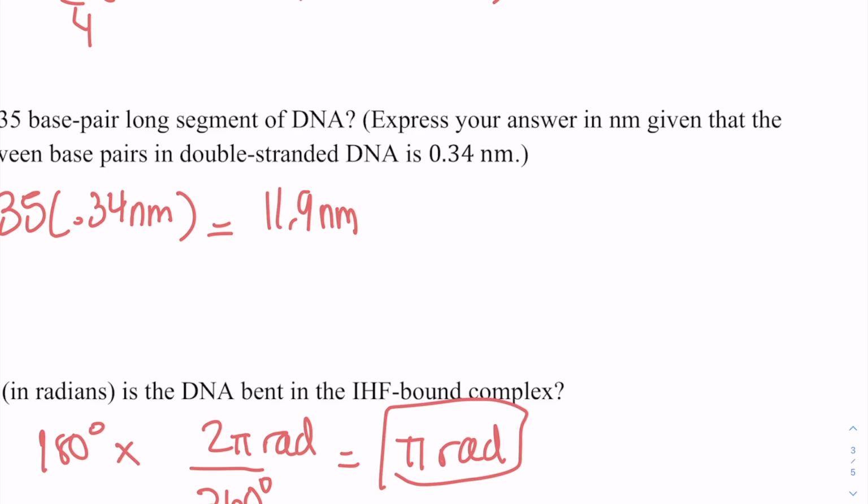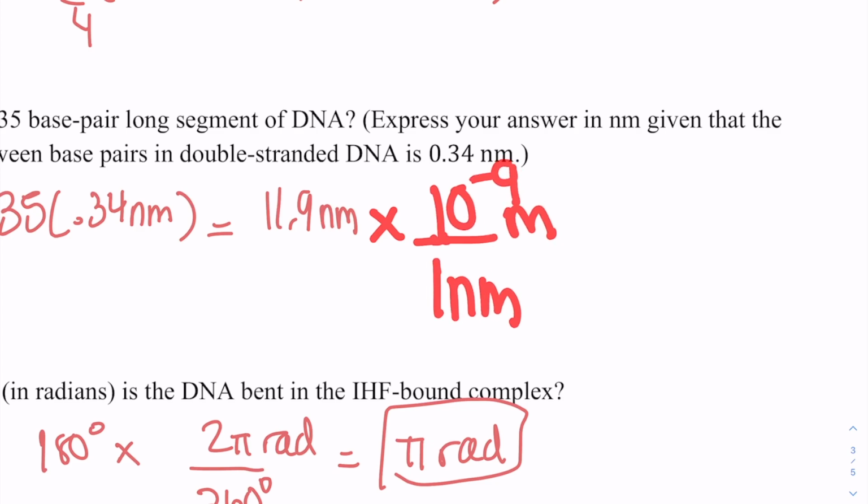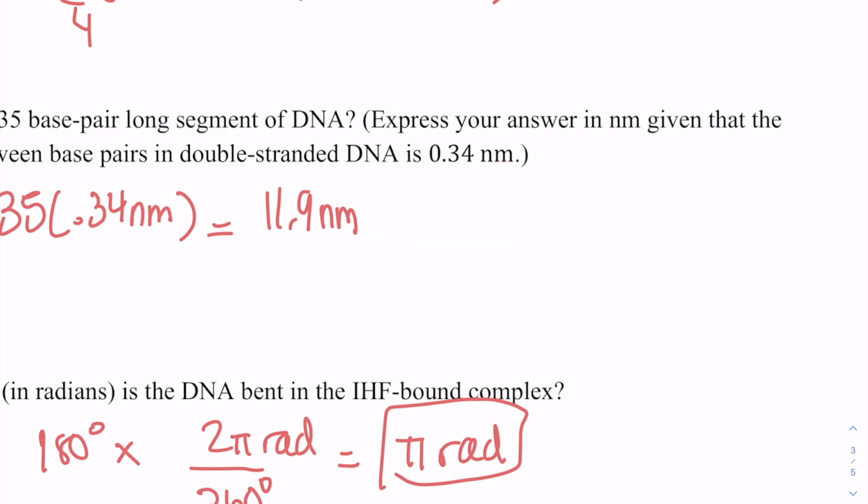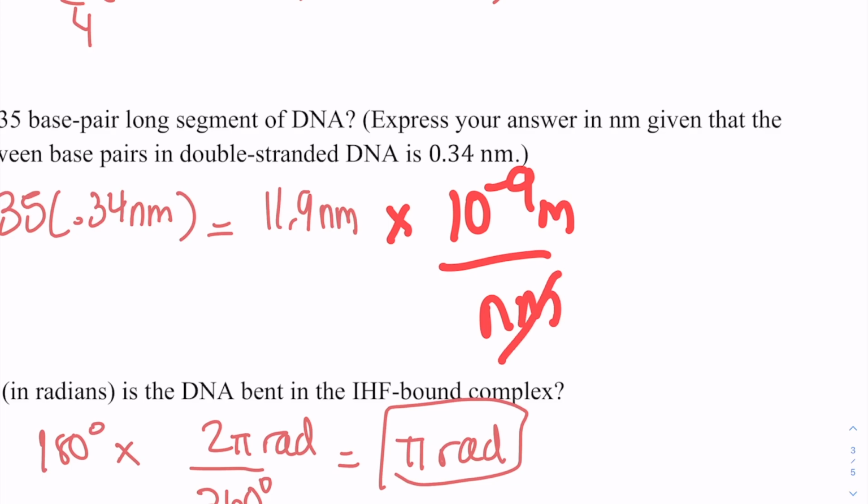I know that a nanometer is 10 to the negative 9 meters. So I multiply by 10 to the negative 9. So my nanometers cancel out and I'm left with meters on the top.